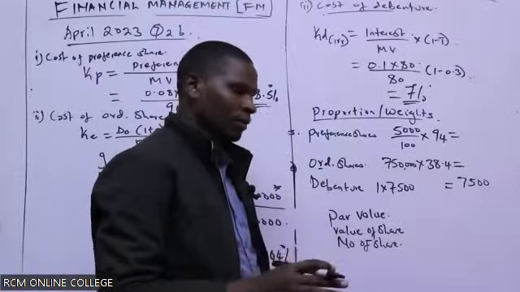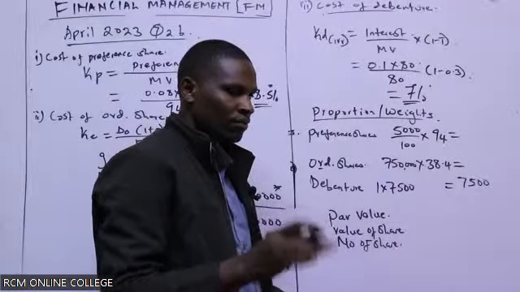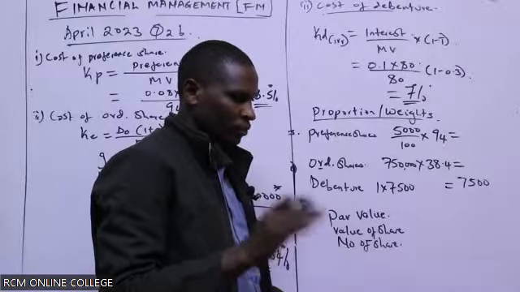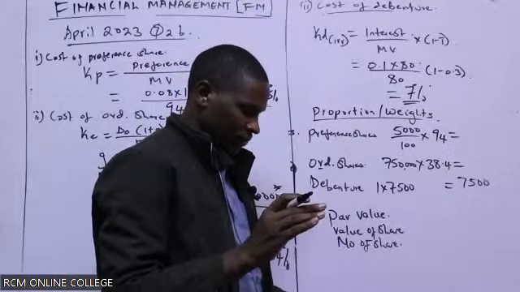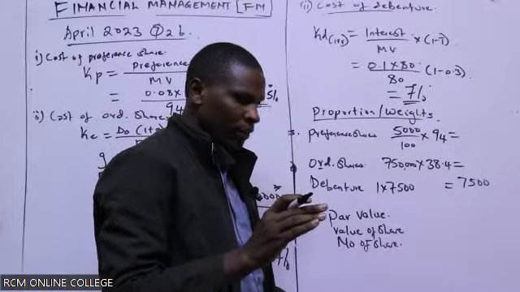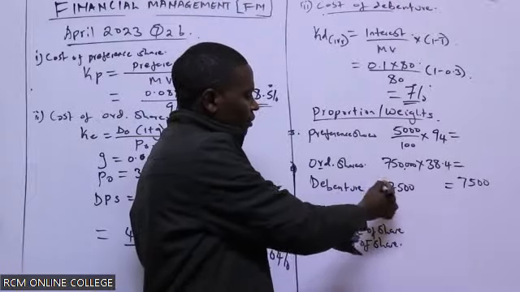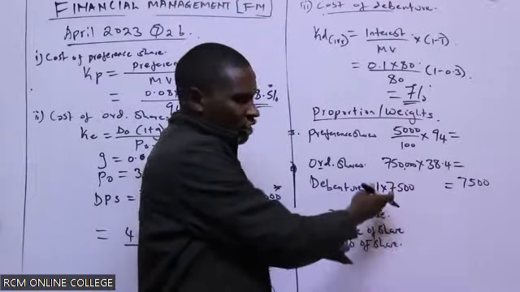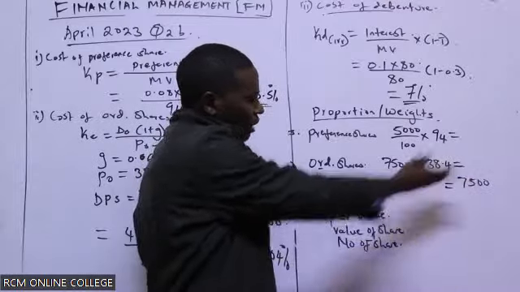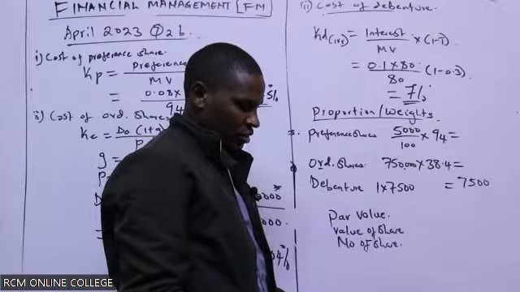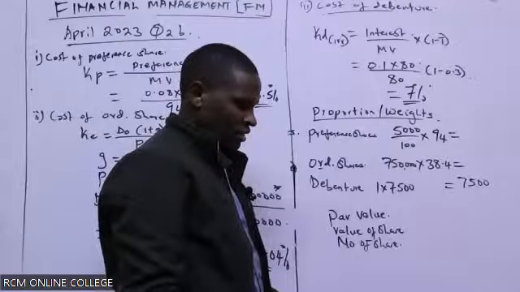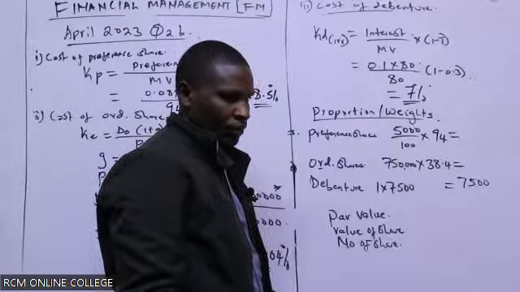Hatushindanili kufanya nini? Kutafuta, because already we have number of shares. Ordinary share tuko na number of shares. Kwa debenture par ni kama 1, so hizi ni kama the shares available. Sawa.